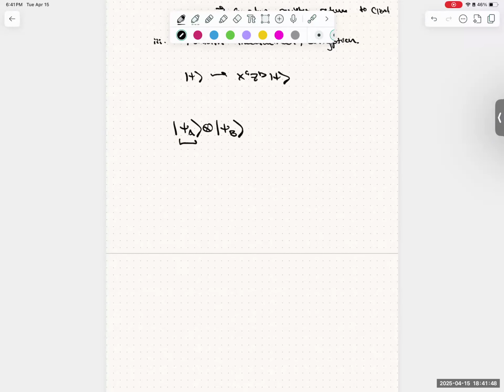Okay, psi B plus, okay. But yeah, I see what you're saying. I'm not sure if I'm correct, but maybe I'll just add something in case it's helpful.